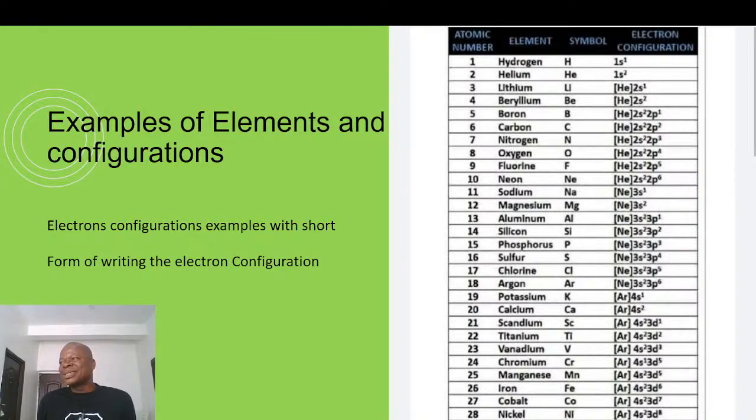Now I want you to note something down. The next one, look at it very carefully, is lithium, with the symbol Li. See what I've done there? I use the symbol of helium, bracket it, before I write 2s1.